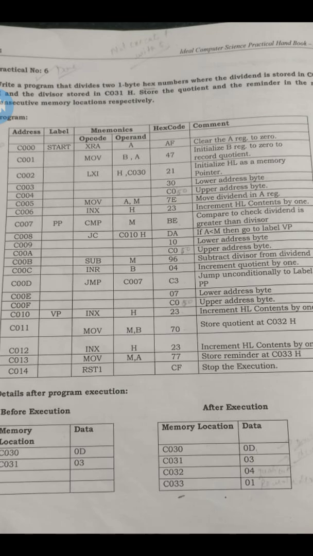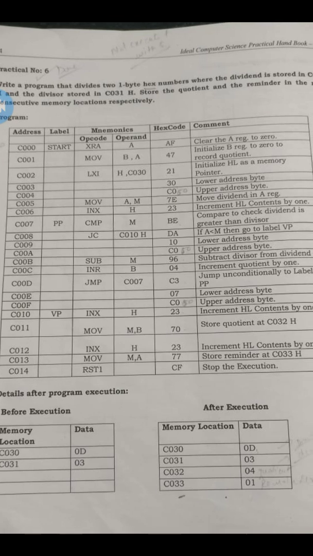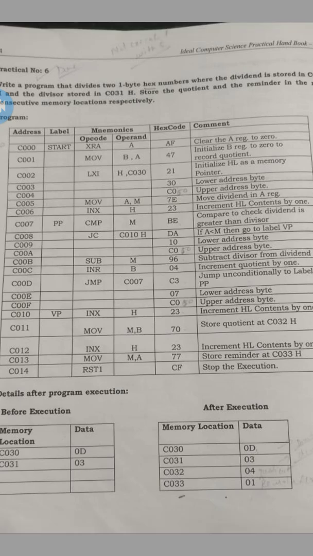The lower address byte of that instruction is 10, because C010, that is 6010, is the address of VP. You can check the location of VP, 6010. So the lower address byte is 10, whereas the upper address byte is 60. Okay, so it will jump to VP.